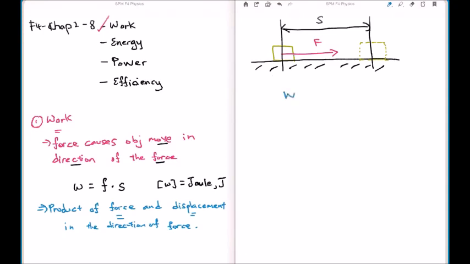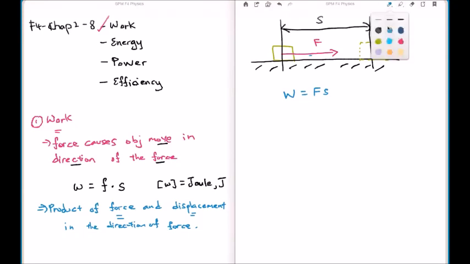Work done is equal to F dot S. In this case, the direction of force to the right is parallel to the distance it has traveled, or displacement. The object moved from left to right, and the direction of force is also from left to right. This is for starters.